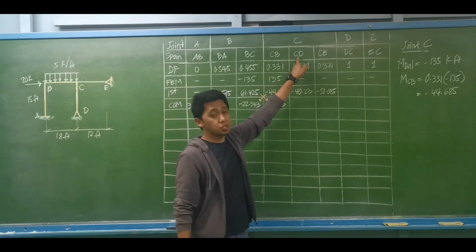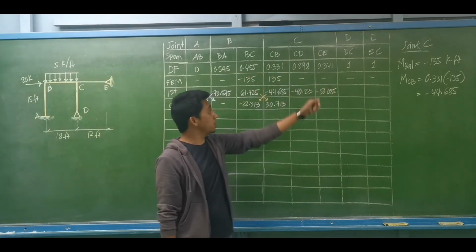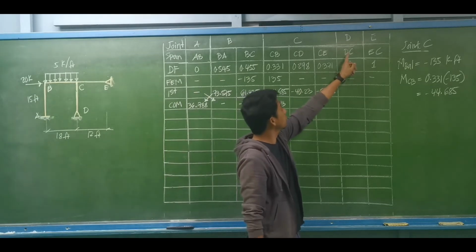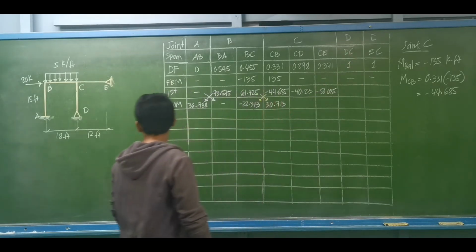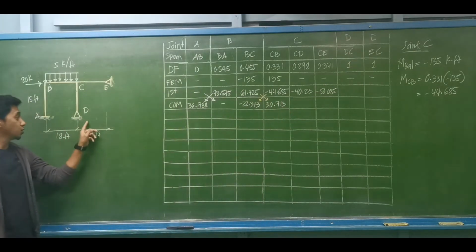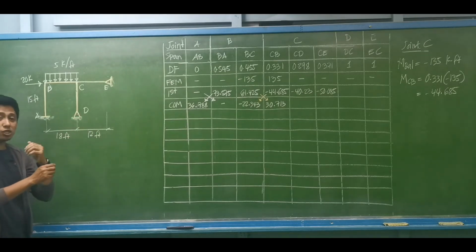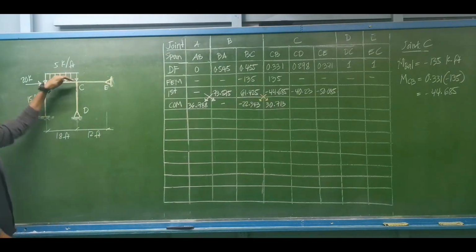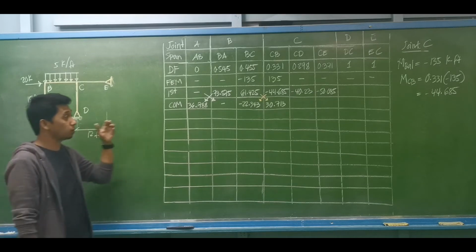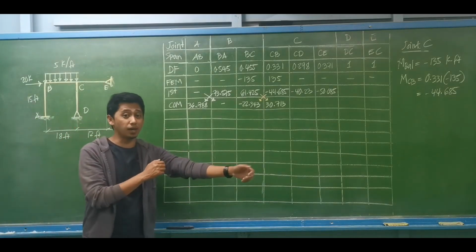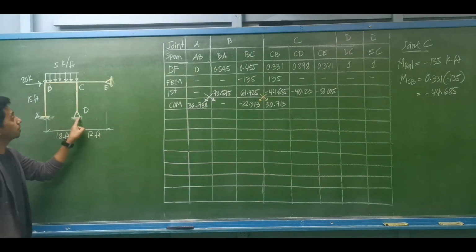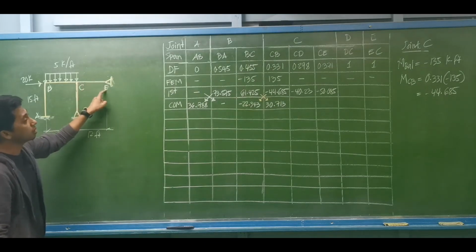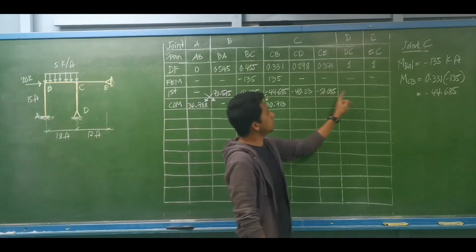So we have member CD, the other end of member CD is DC. But as you can see, what is support D? Support D is a hinge. You cannot transfer a moment from a fixed support to a hinged support. So we cannot carry over moment on the other end if that is a simple support. The same with CE. The other end of CE is EC.